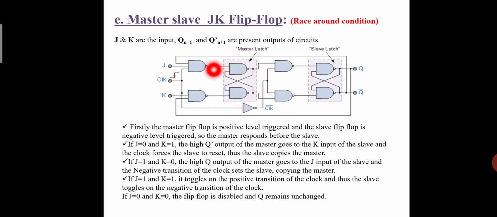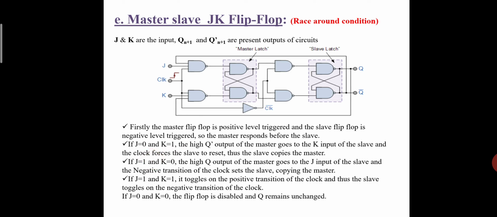Here the first JK flip-flop is called the master latch or master JK flip-flop, and the second is the slave JK flip-flop. The slave JK flip-flop obeys the order of the master JK flip-flop. The master flip-flop is positive level triggered and the slave flip-flop is negatively triggered. A negative pulse is applied to the slave flip-flop. So the master will respond before the slave.